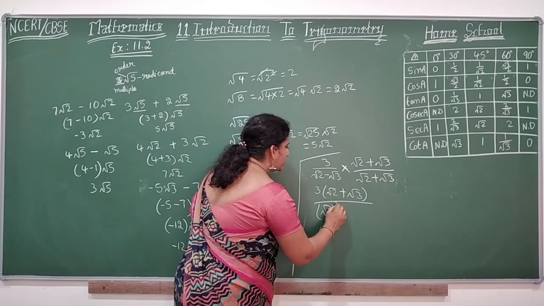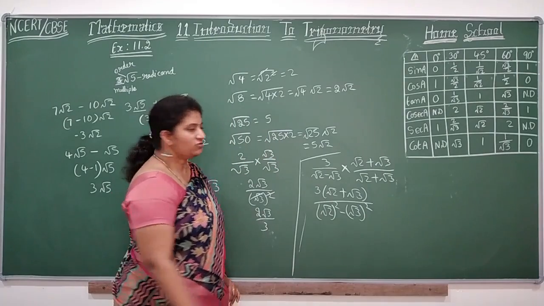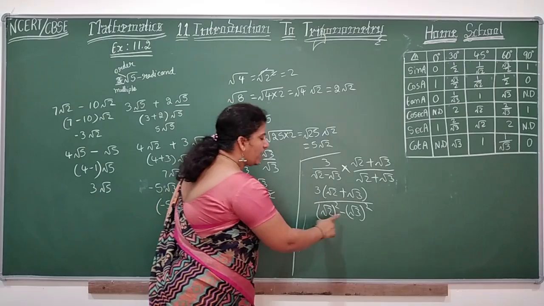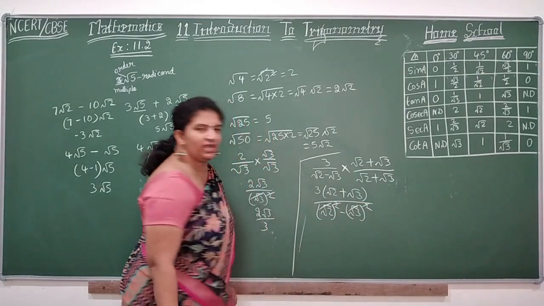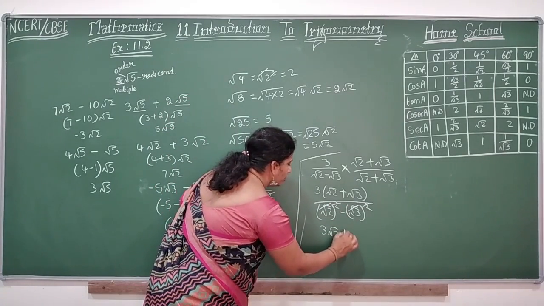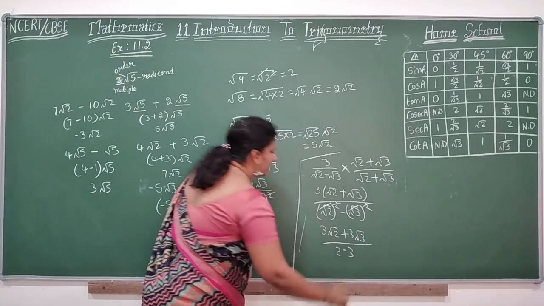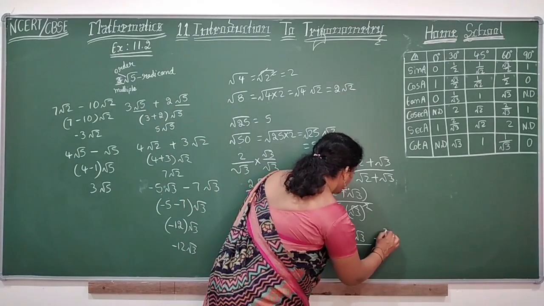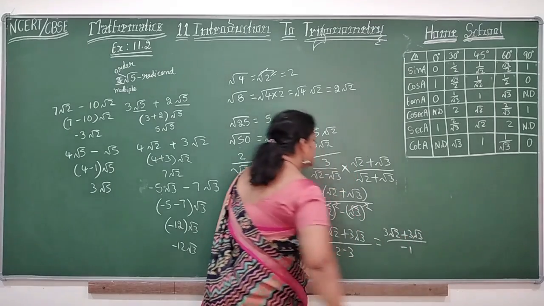Root 2 whole square minus root 3 whole square. How, children? A minus b into a plus b is a square minus b square. Root and square will be cancelled. Multiply this bracket: 3 root 2 plus 3 root 3 by 2 minus 3. Okay. So again, if you simplify here, 3 root 2 plus 3 root 3 by minus 1.